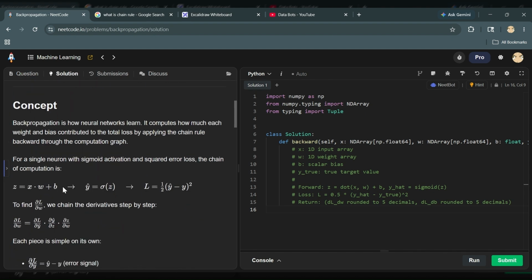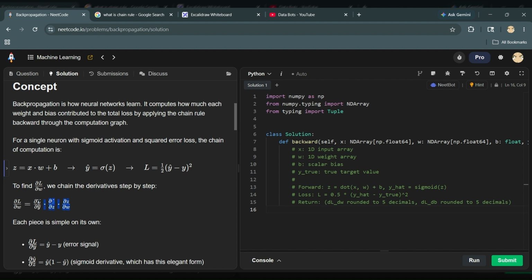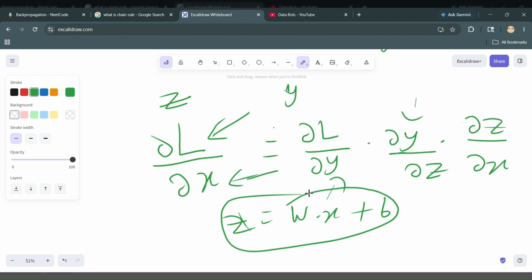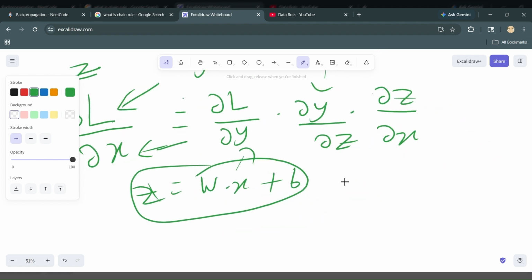I'll show you, yeah, here it is. For each we'll have different formulas, and z is the predicted value. z will be w into x plus b. b is the bias, if you're wondering what b is, and this is the y predicted value, and we know what the x is.